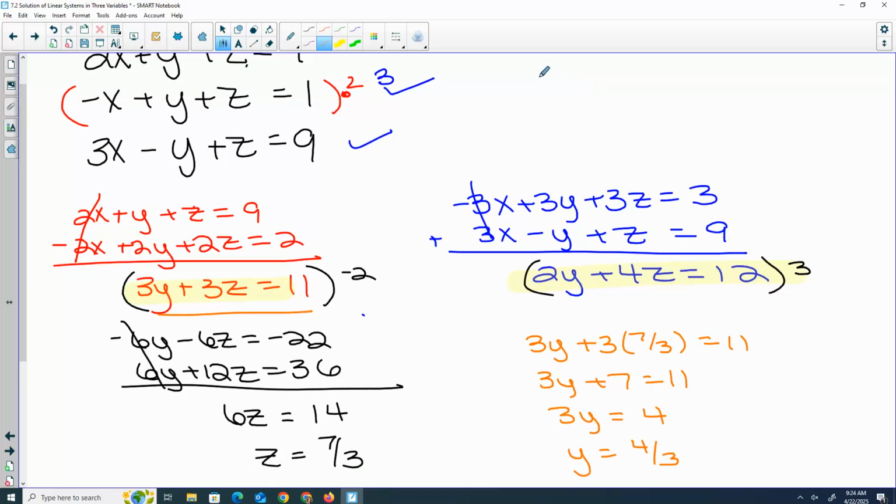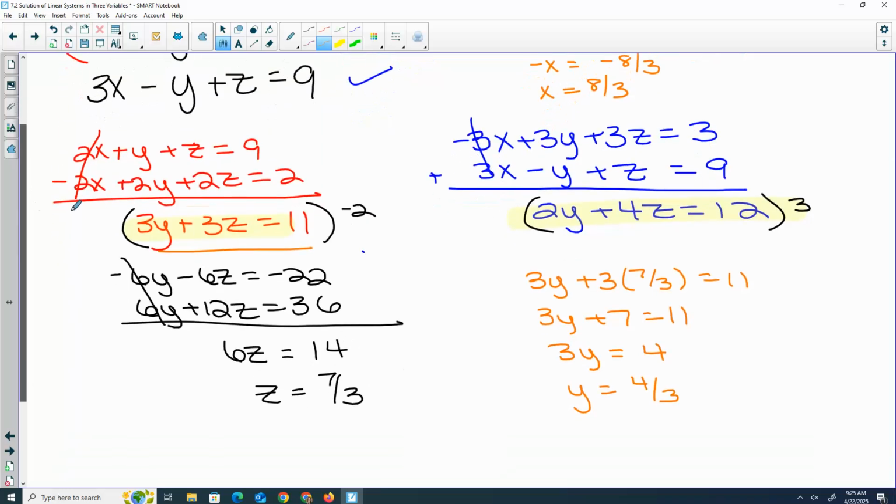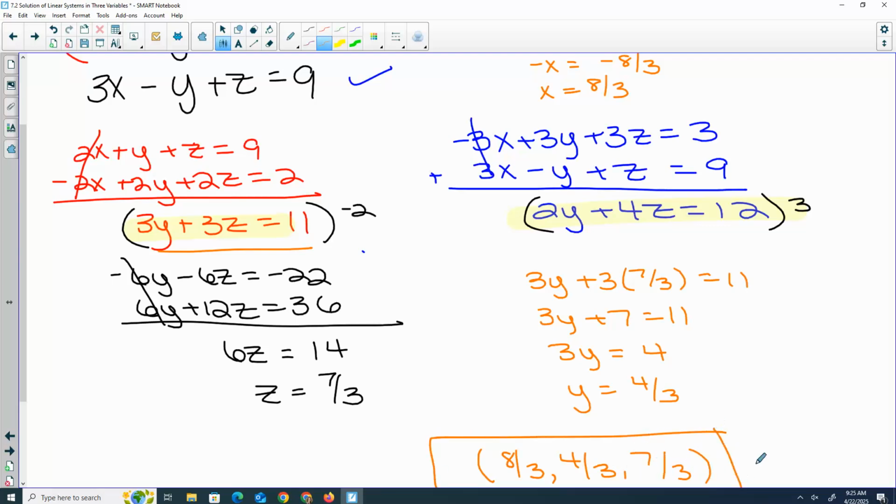So if I just did the second one, I have negative x plus y, which is 4/3, plus z, which is 7/3, equals 1. I subtract that over and divide to get x to be 8/3. So my answer, x, y, z, 8/3, 4/3, 7/3. So fractions can happen on these.